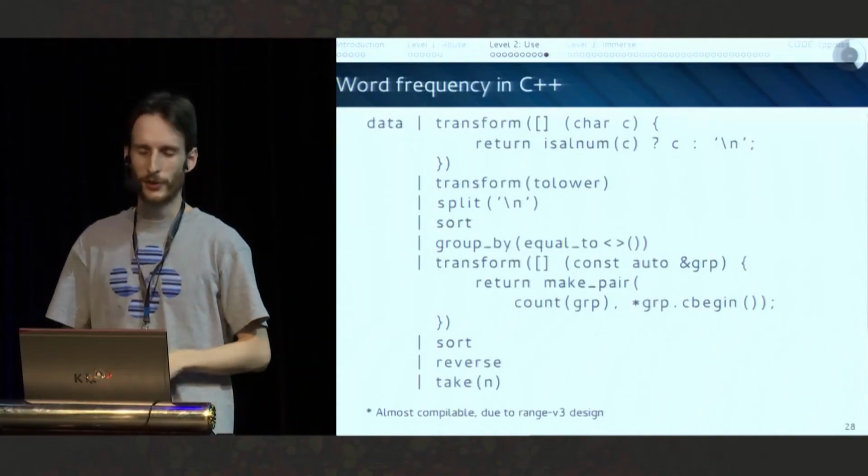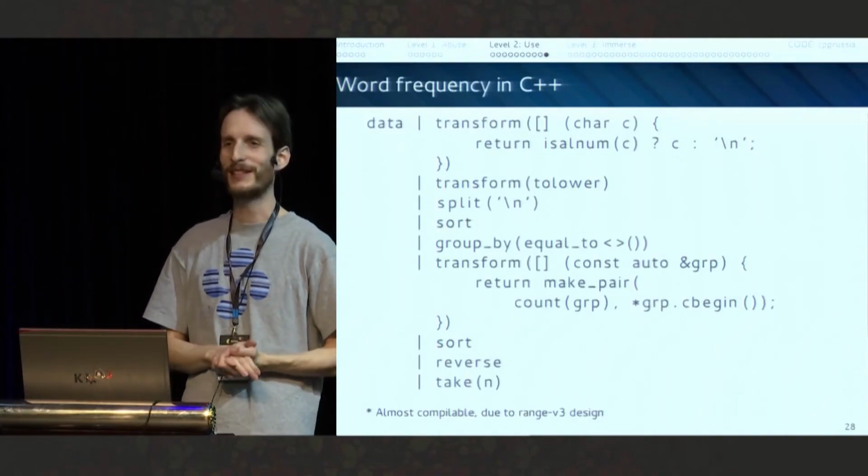Again, sort, and because sort uses ascending, we want it to be the other way around. We reverse it and then just take, for example, 2 or 10 words, depending on how many we wanted. So the whole program should be able to look something like this.